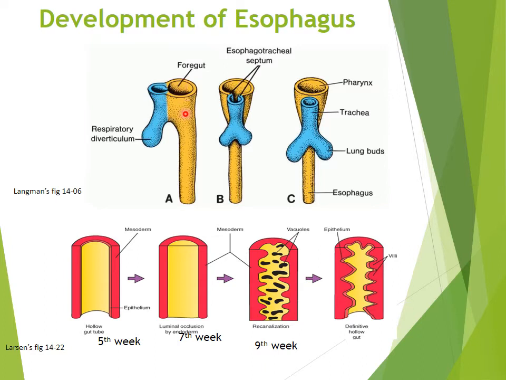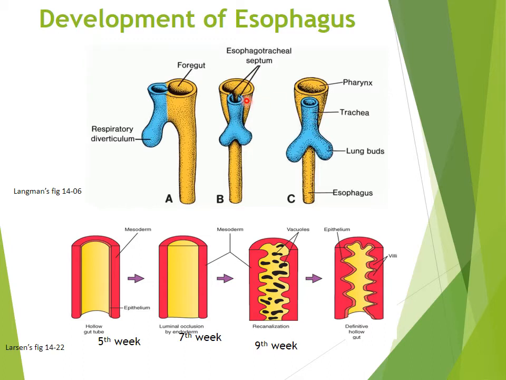Dorsally is the foregut tube, and they separate from each other with the development of the tracheoesophageal septum, a fold from each side making a curtain between these two tubes. When it fuses in the midline, it gives the ventral tube, the trachea, and the dorsal tube, the esophagus.